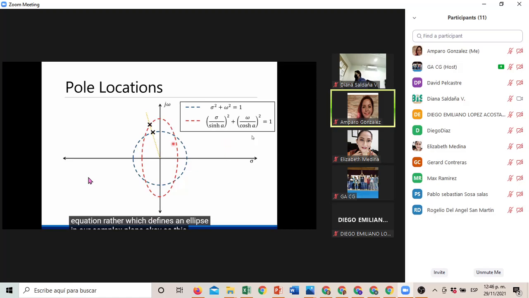Okay, so this circle right here represents sigma squared plus omega squared equal to 1. If we have a Butterworth filter, the poles would be located on this unit circle, while the poles of the Chebyshev filter would be located on this ellipse right here.